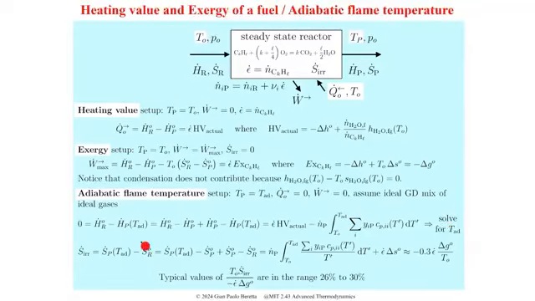Once you find it, you can put it in the entropy balance. Also in the entropy balance, which is this one, the entropy of the outlet is greater than that of the inlet, and the difference is the entropy produced by irreversibility. You can add and subtract the entropy of the products at standard conditions.